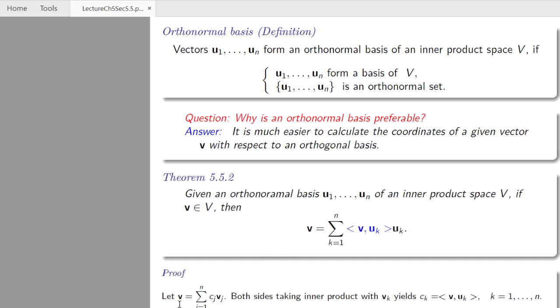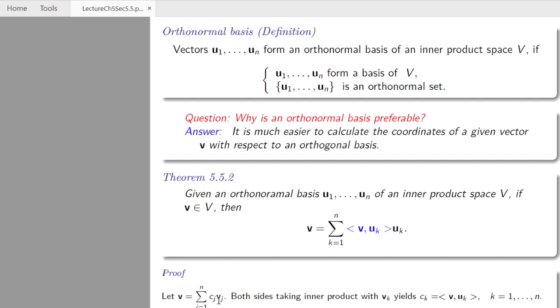First of all, we can write down v as a linear combination, summation of ci times ui, because ui here is the base we are talking about.